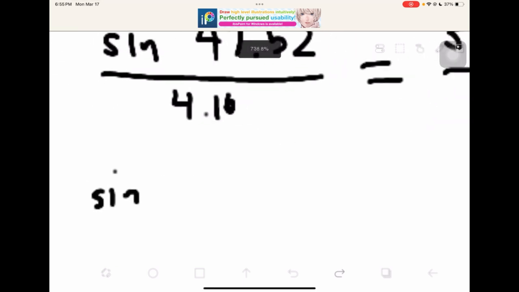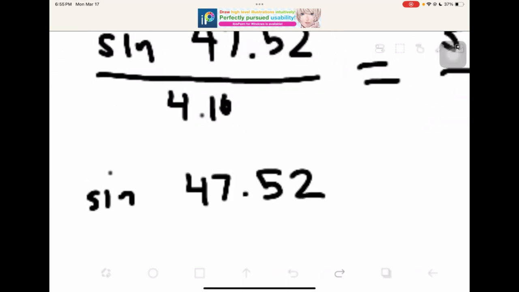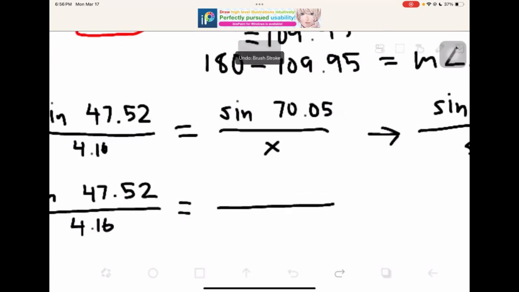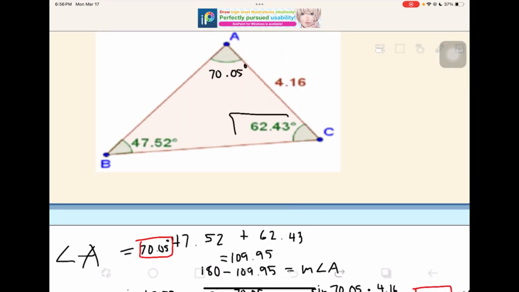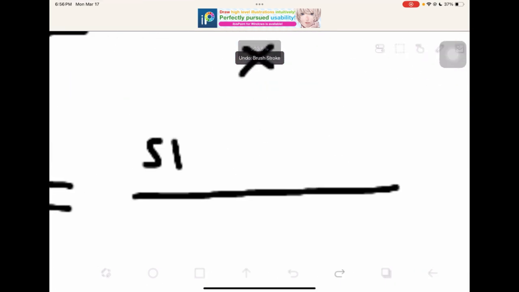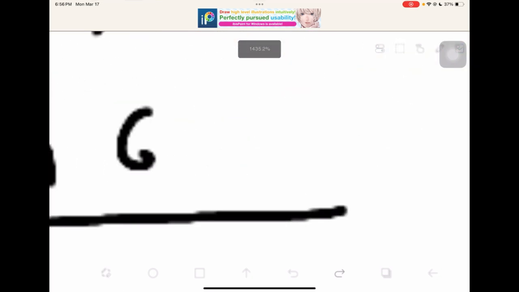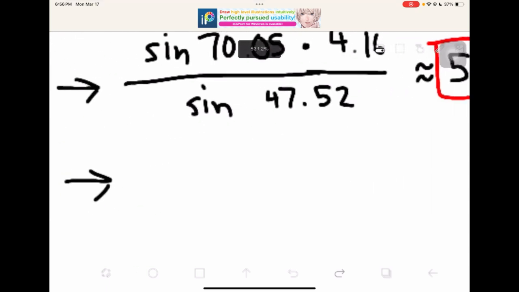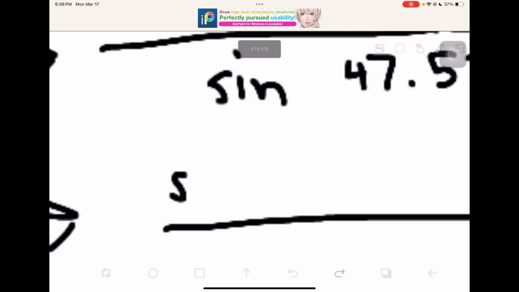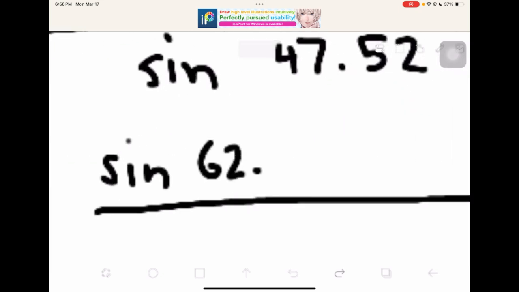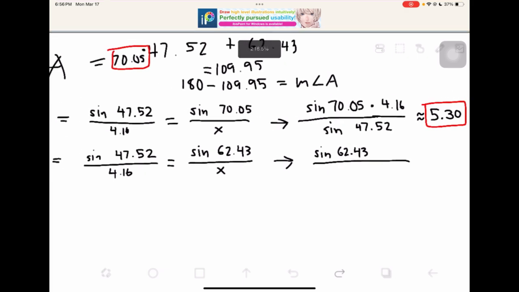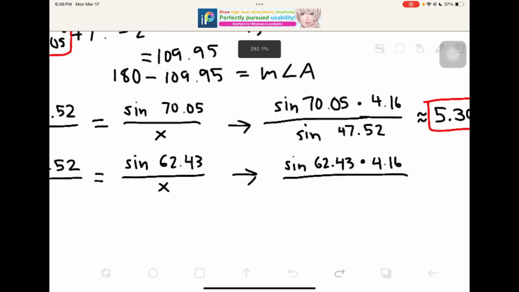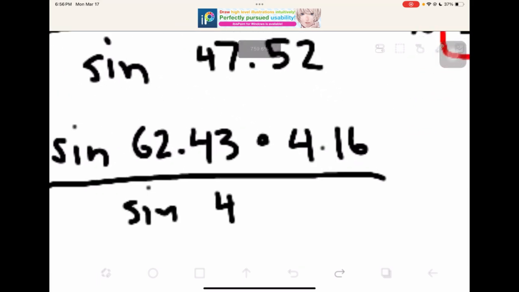So we have sine 47.52 over 4.16. Now we're looking for side C, so let's see if we have something for C. We do have angle C, so that's sine 62.43 all over, we don't know. Let's apply the same method over here. Sine 62.43 times 4.16 all over sine of 47.52.